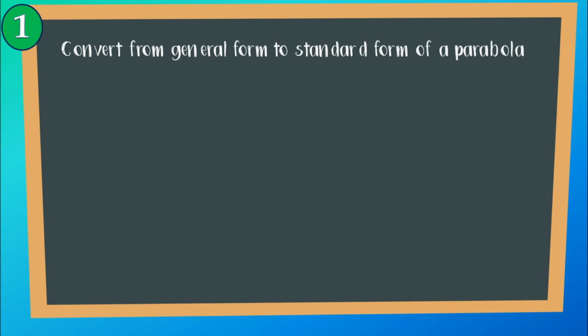Pag yung parabola niya, yung vertex niya is at (h, k), okay? Tapos, opens upward and downward. Yung general form niya is given by ax squared plus dx plus ey plus f equals 0.